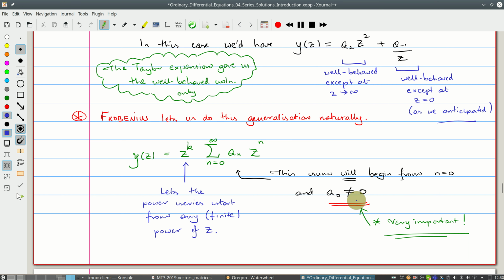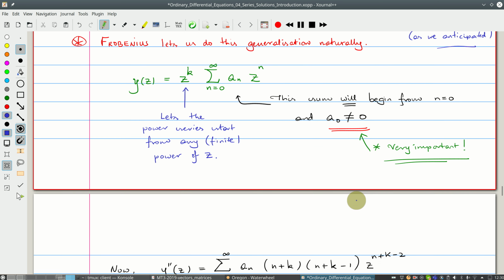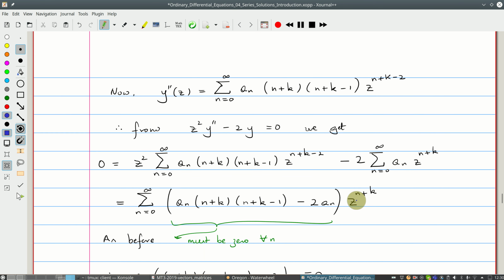Okay? Now let's see how this proceeds. Let's use this Frobenius technique in that differential equation. I now need to find my second derivative as before. So y double prime of z is equal to the sum, n goes from 0 to infinity of an, and we differentiate twice, so we get an times (n plus k) times (n plus k minus 1), and z to the n plus k minus 2. Put this into our differential equation.